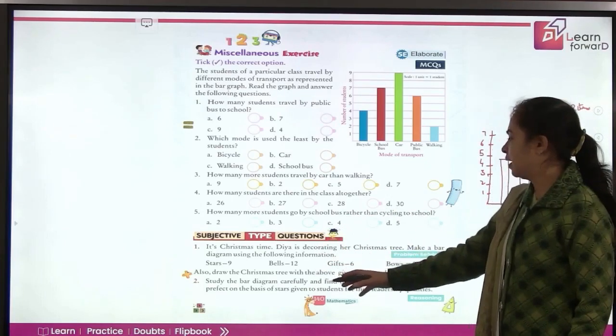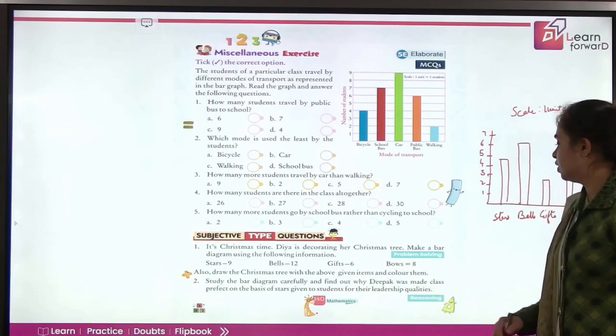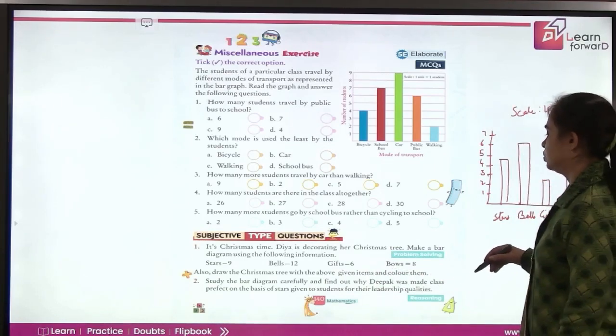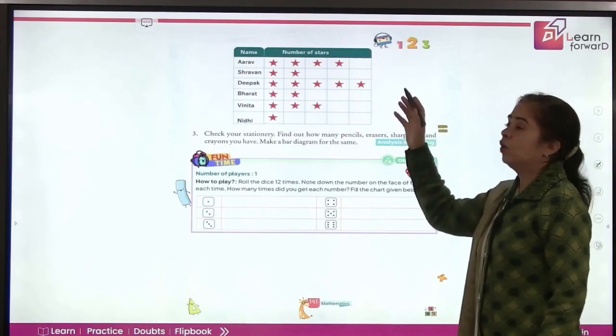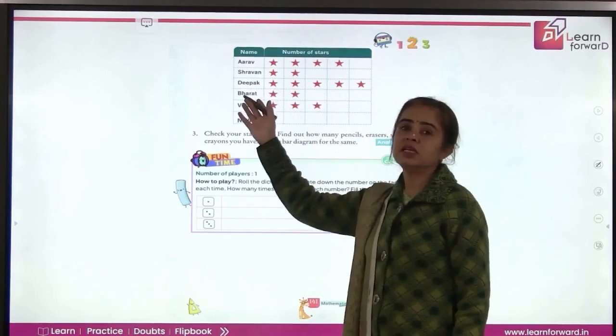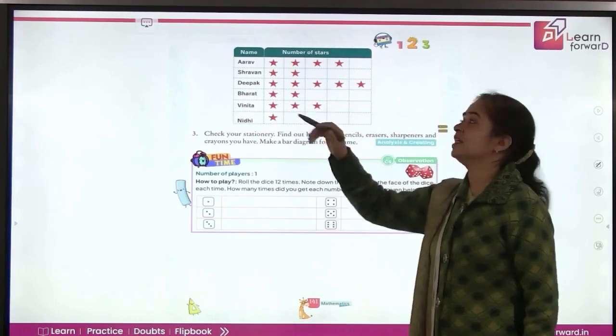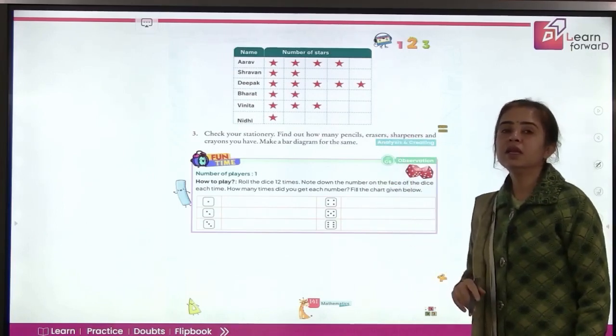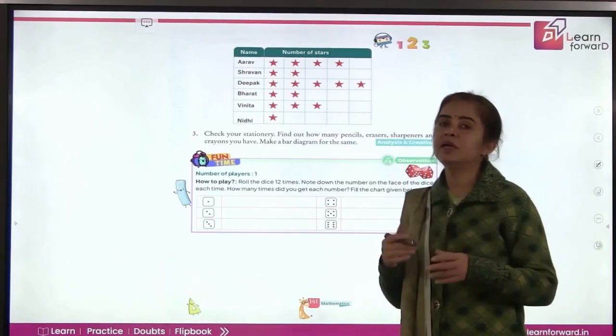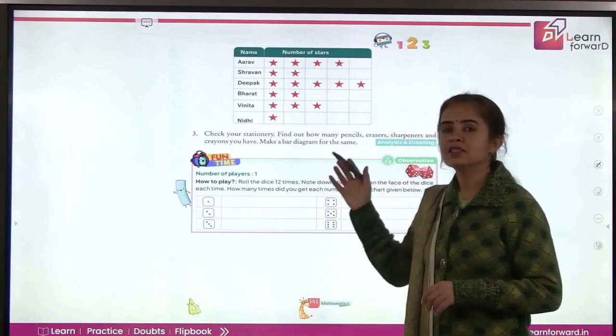Now study the bar diagram carefully and find out why Deepak was made class prefect on the basis of stars given to students for their leadership qualities. What do you think, why was he the leader? Because he had the maximum stars. So see how this helps in interpreting the information that is shown here.